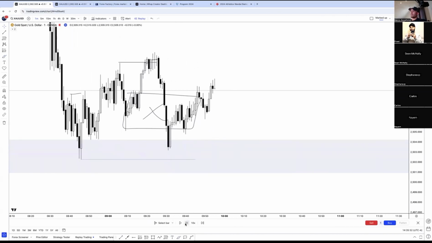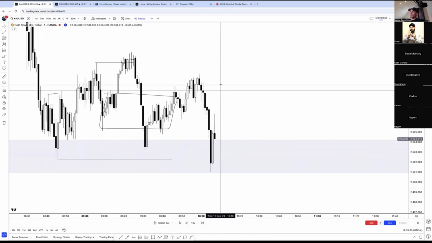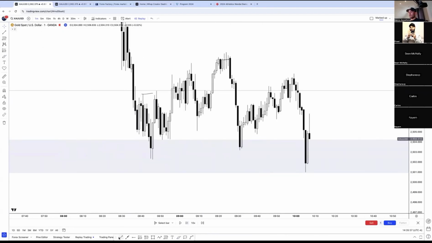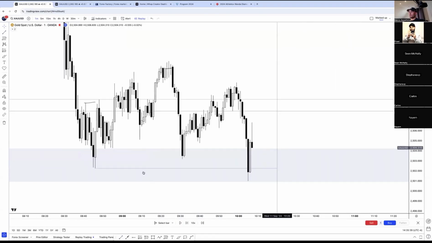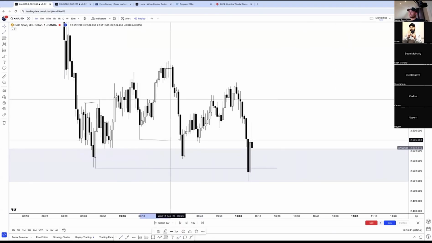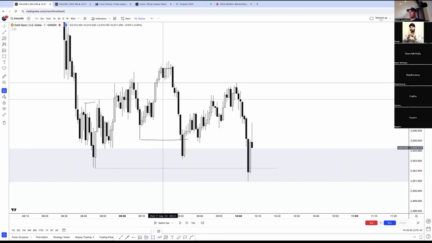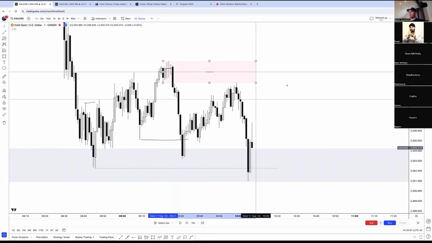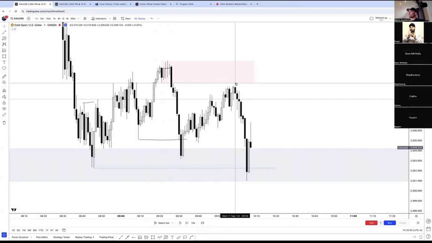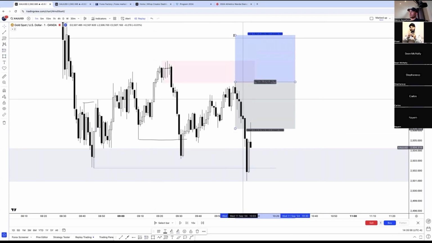Move back up, take out the low. So check this out, we take out this low. Price took this out, causing a BOS for retail. This is a trap. We don't trade that. Look how it worked for retail, though.